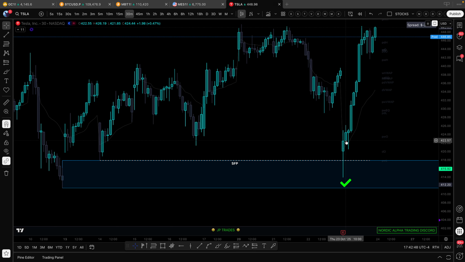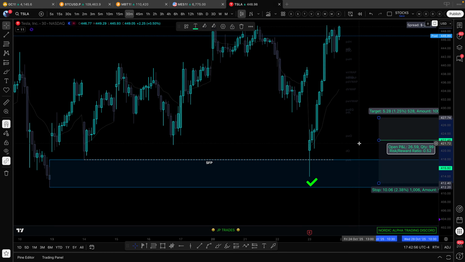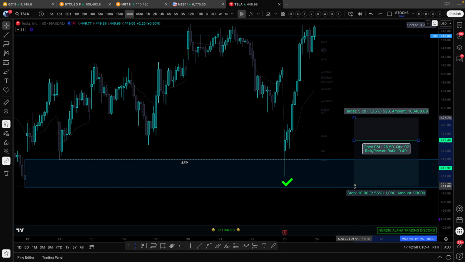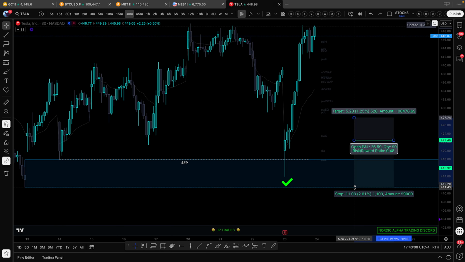That is not my style of trading because I like very precise trades. Why? Because I don't want a massive stop loss. This type of stop loss, if we would have put it at the wick, would have been 2%. If we would have put it below the order block, it would have been a 2.6% stop loss.